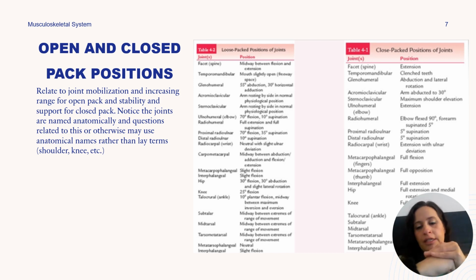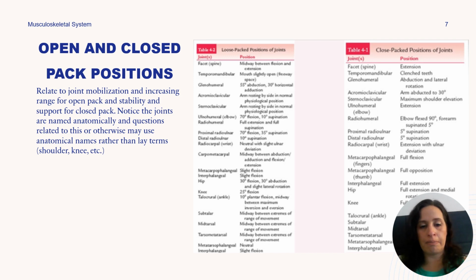Closed pack is the position where there's not a lot of space in between, which means it kind of locks in, or there's not a lot of movement that can happen. So you're going to have a more stable position when it's in closed pack. You're going to have a more movable, unstable, or ability to stretch or mobilize better with an open pack or a loose pack position.